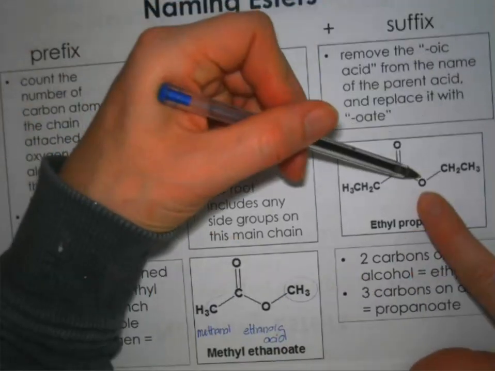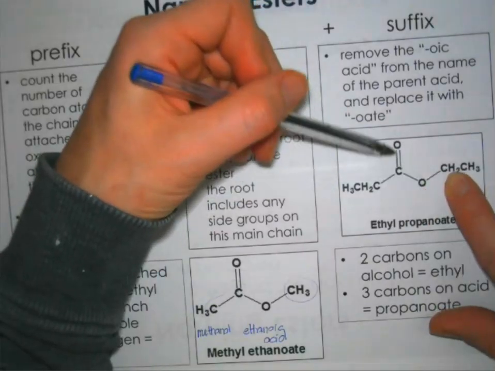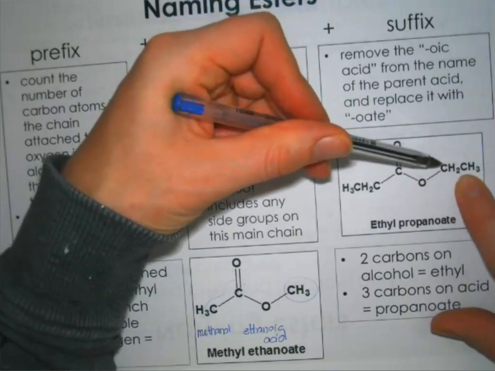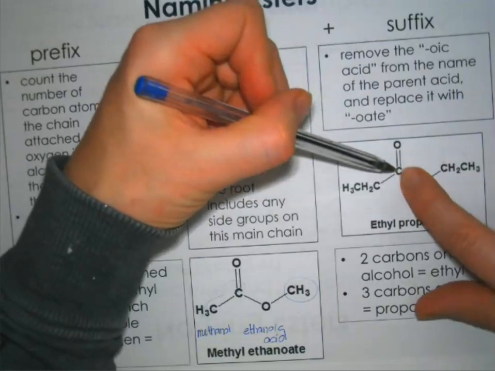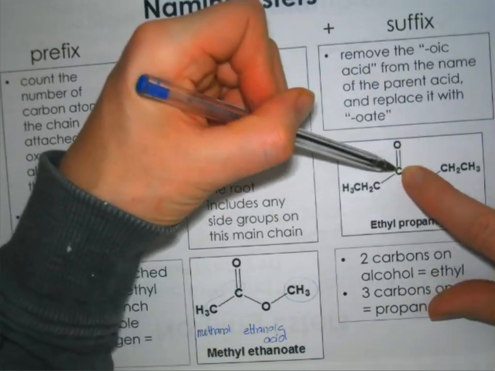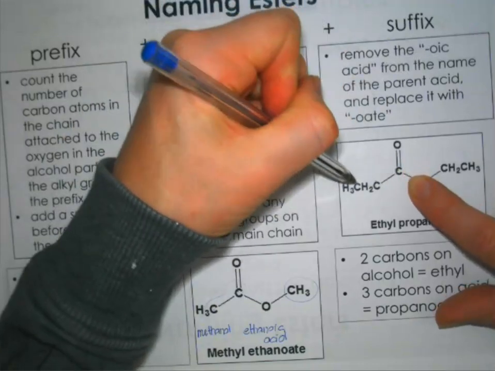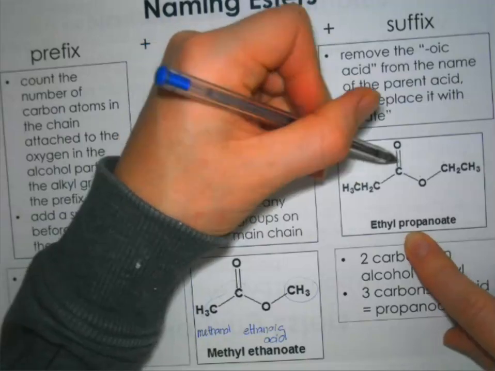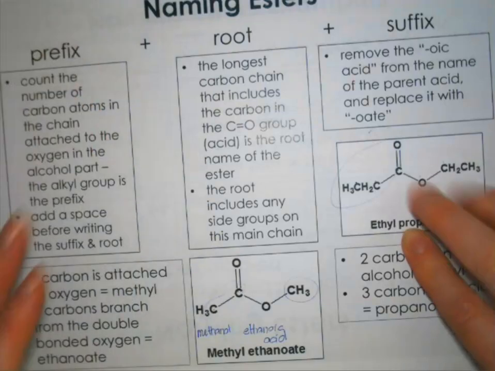We have on the other side of the single bonded oxygen, so not the carbon with a double bond, we look and see there's 2 carbons, which means the alcohol was ethanol. And then the carbon with the double bonded oxygen is where we start counting for the carboxylic acid. So we have carbon 1, carbon 2, carbon 3 for prop. And because it's an acid, the parent of this part would have been propanoic acid. Okay.